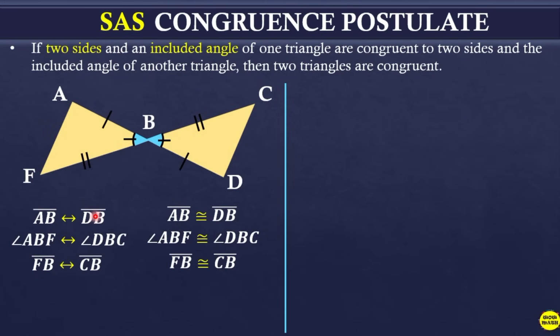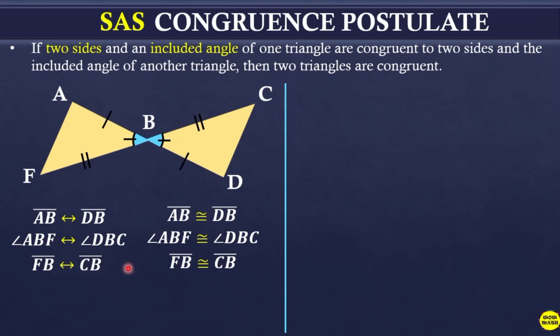Okay, so from the given set of corresponding parts, at ito, na-identify natin, since corresponding sila, they are congruent. So, tingnan natin, ito ay side, ito ay angle, ito ay side. Now, so, tingnan natin yung angle. Is it included? Yes. Nasa pagitan siya nung dalawang side mo.